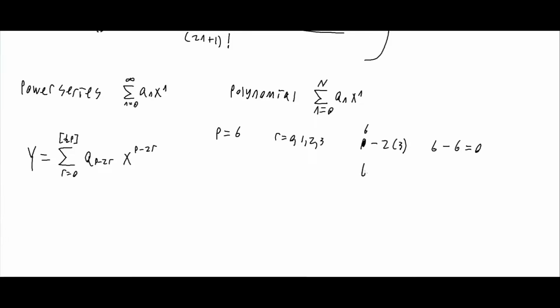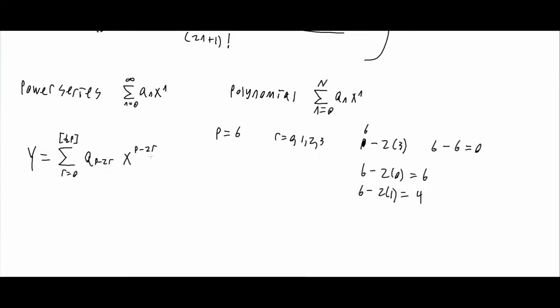Whereas if we had 6 minus 2 times 0, that obviously just equals 6. But we can see that this is multiplied by 2, so we are going to go in multiples of 2. So for instance, if we had 6 minus 2 times 1, if we put 1 in for r, then we can see that that is 4.